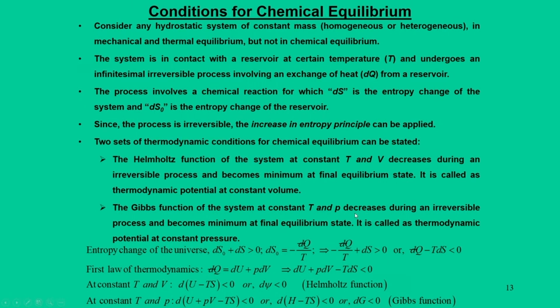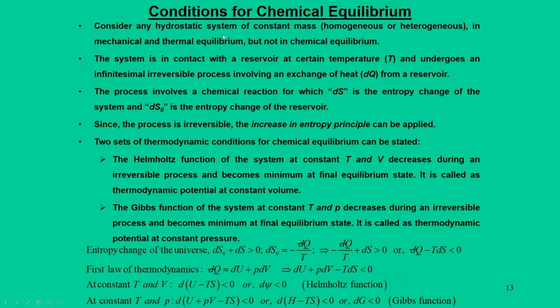After saying so, the last component of discussion in this module is the conditions for chemical equilibrium. All this time we have talked about total thermodynamic equilibrium, which consists of zero unbalanced force and no change in temperature: the system is in thermal equilibrium and in mechanical equilibrium.